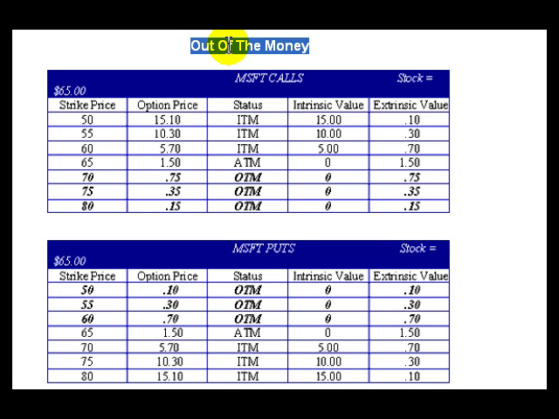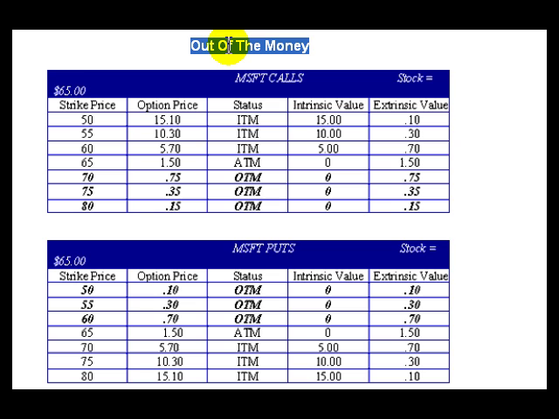For example, if you chose to exercise the MSFT January 70 call while the stock was trading at $65, you would essentially be choosing to buy the stock for $70 when the stock is trading at $65 in the open market. This action would result in a $5 loss, so obviously you wouldn't do it.